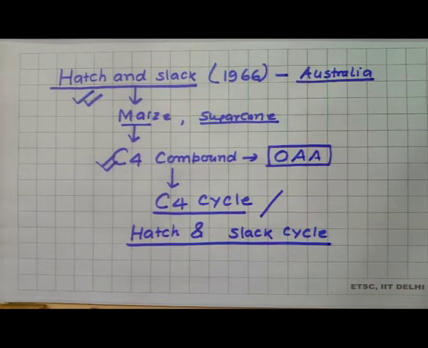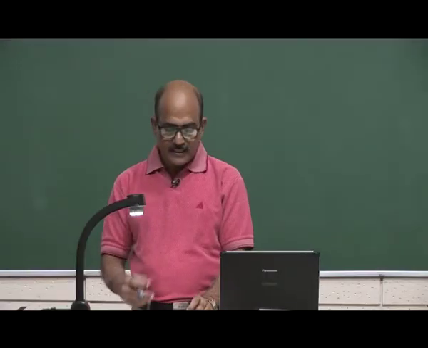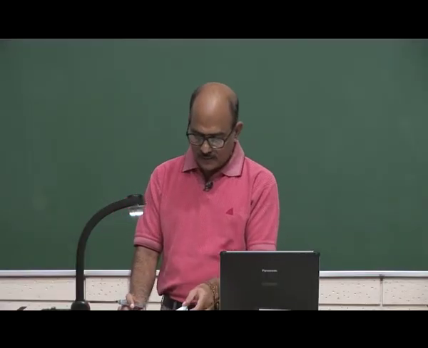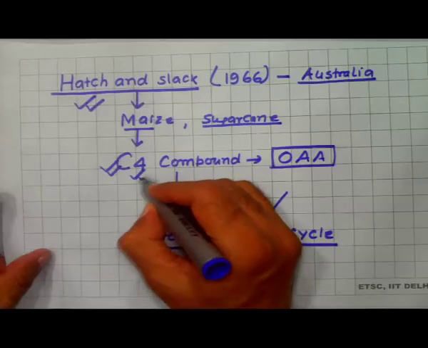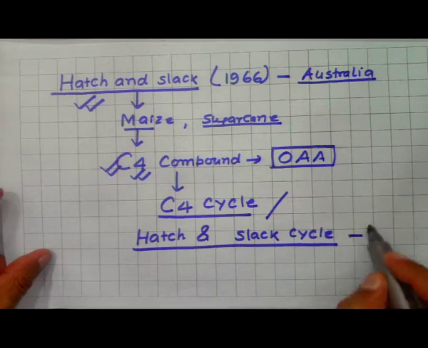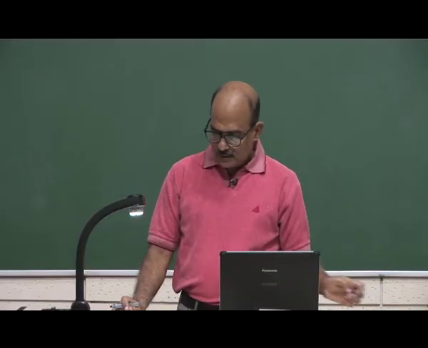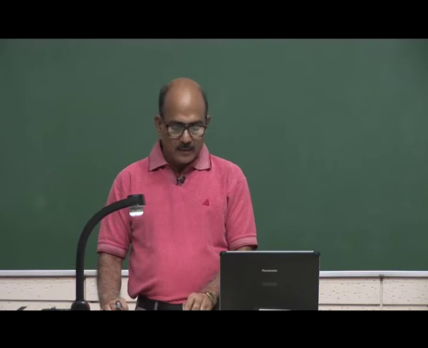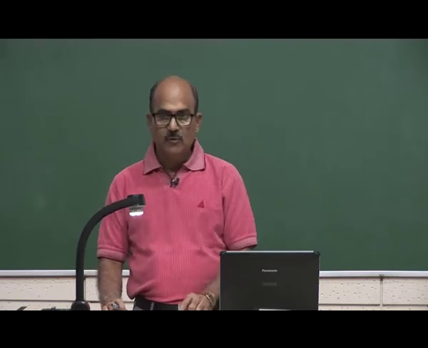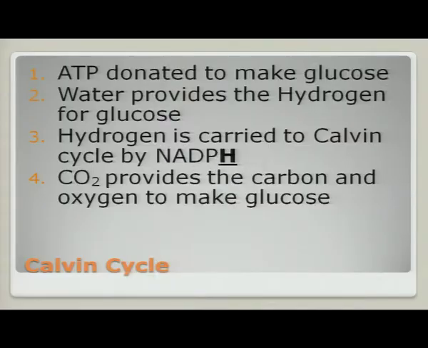Hatch and Slack found that there is a specialization in the leaf of C4 cycle plants. In plants which show the C4 cycle, there is specialization in leaf structure.